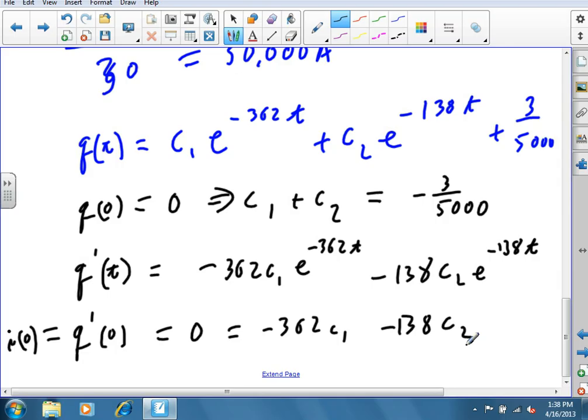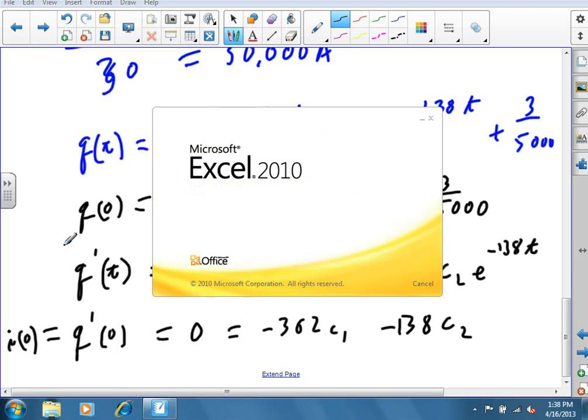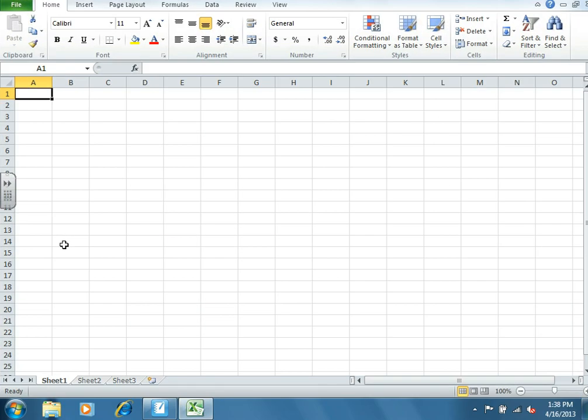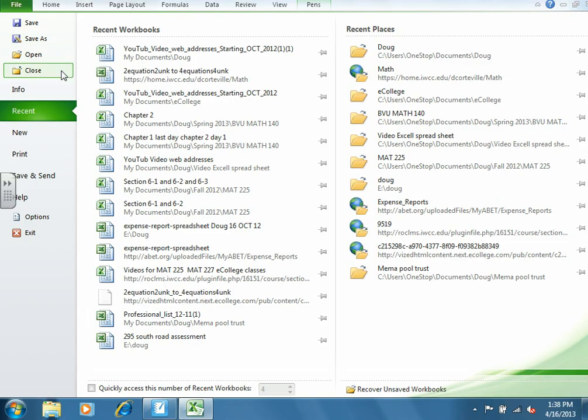At this point, what we will do is open a spreadsheet. I have a spreadsheet that solves simultaneous equations, so why don't we just open it and use it? Is it something I used recently?